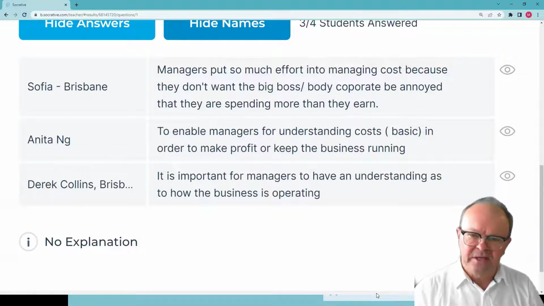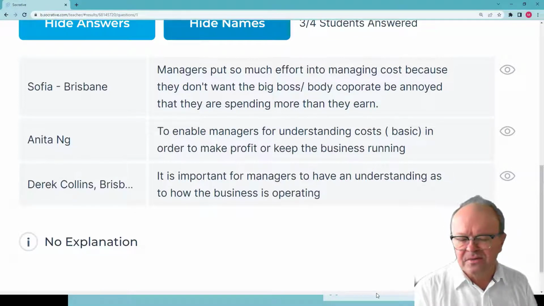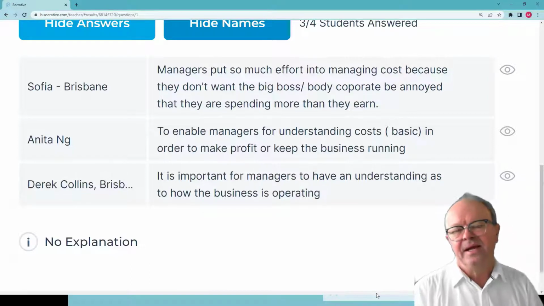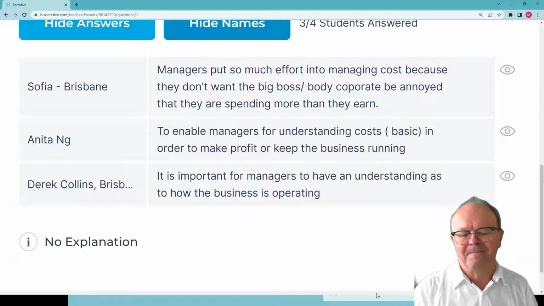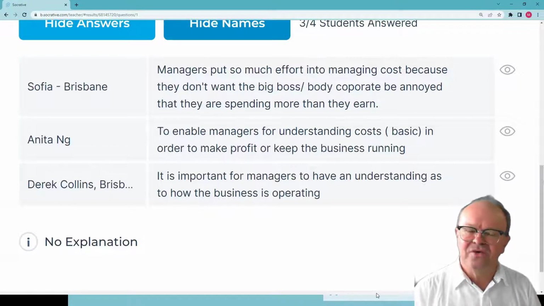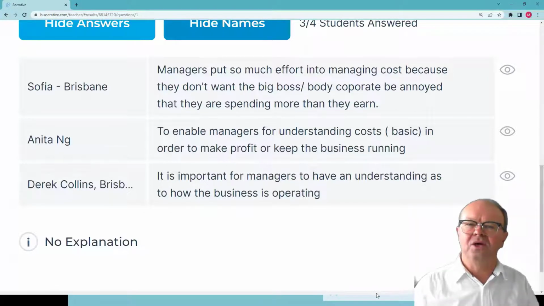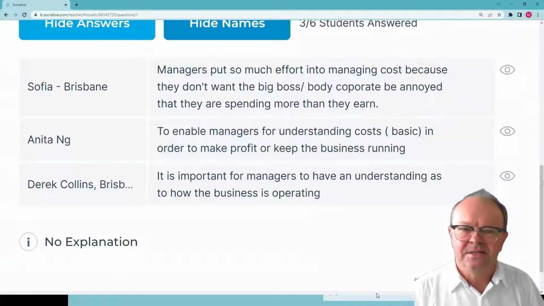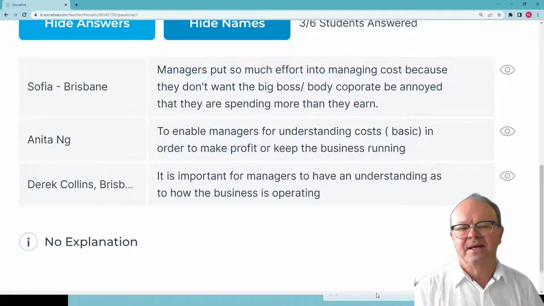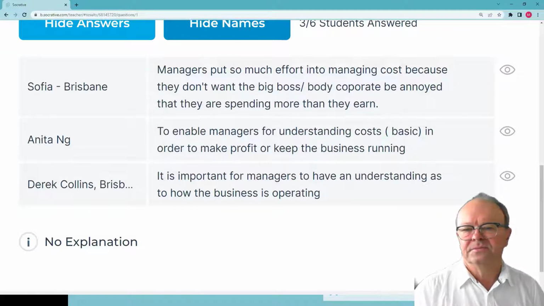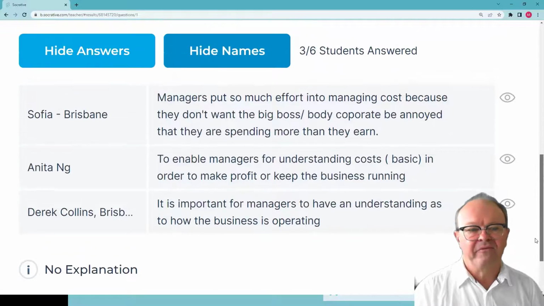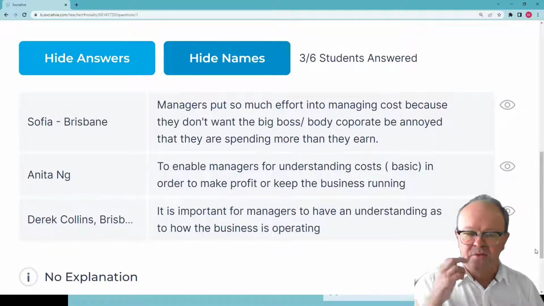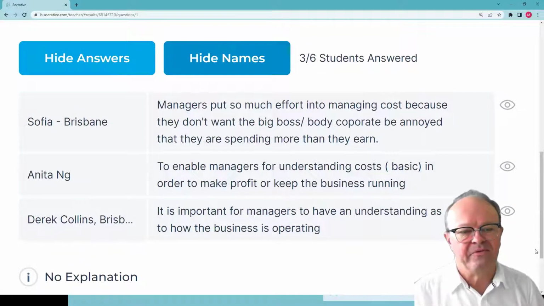So we've got to keep an eye on the costs if we're seeking to make a profit, because if the revenue is not greater than the costs, we're going to get ourselves into trouble over time. And to keep the business running, we only incur costs because we think it's going to support the business to make more revenue than the costs overall that we're expending. So it's a part of making profit. We have to look at revenue as well, but costs are part of making profit.